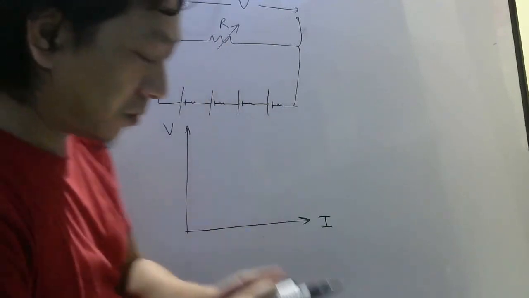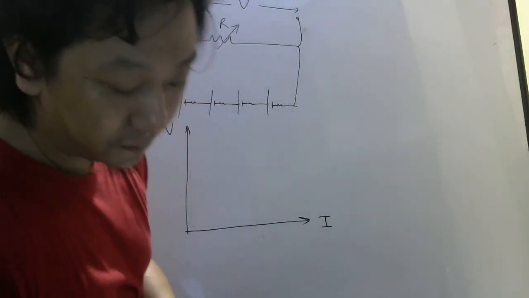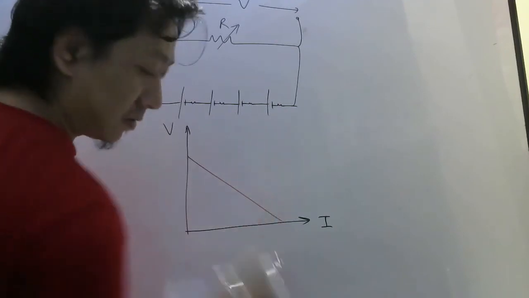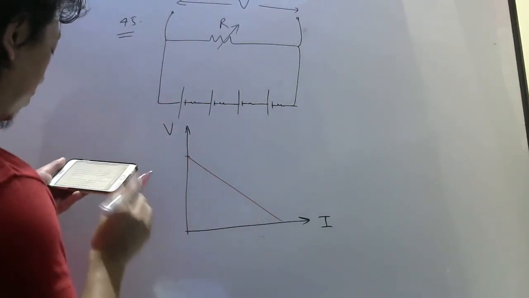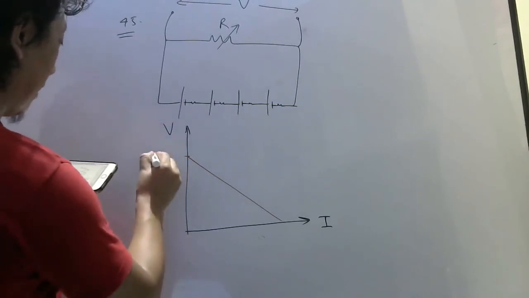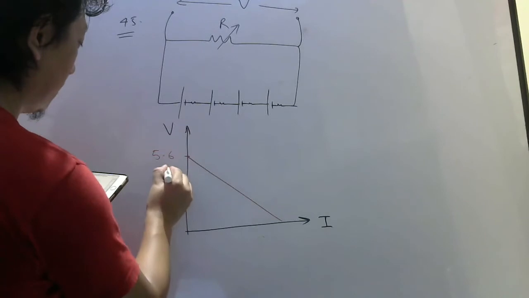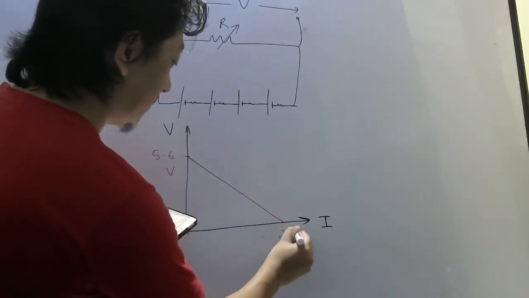So maximum power dissipation in the circuit they are asking, for what current? So you know the graph is given like this. Try to look at these coordinates. This point, if you look carefully, is 5.6 volt. This is volt, no? And this point, if you look carefully, is 2 amperes.